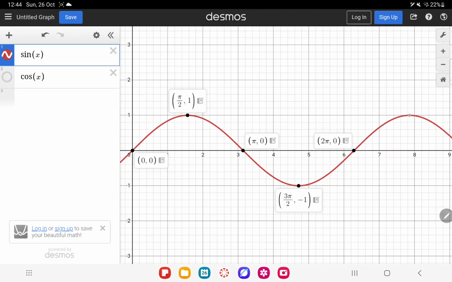You see, all our points are the same as what we have already plotted. This is how a sine graph looks.